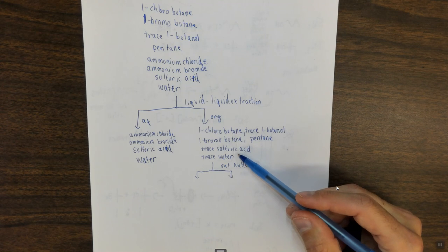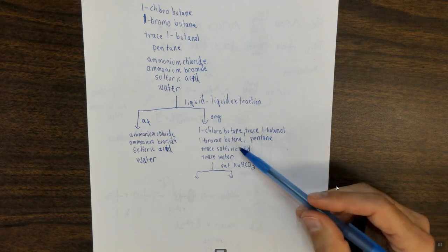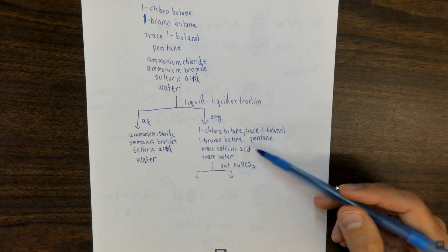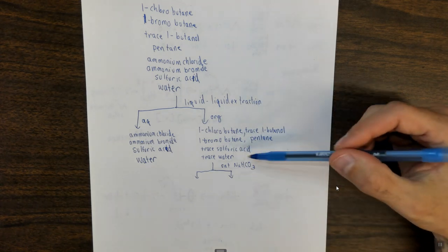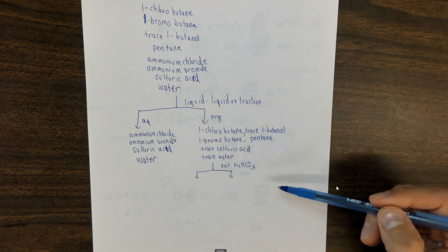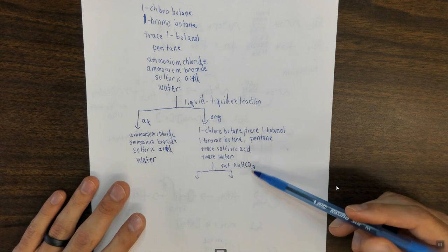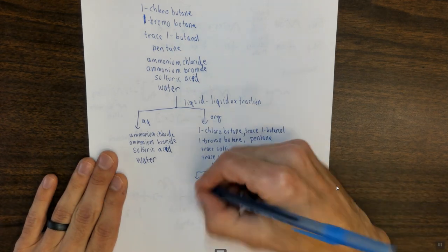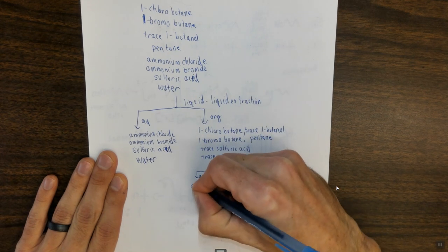Sodium sulfate is ionic and completely insoluble in the organic layer. I'm going to link in the description below a video on liquid-liquid extraction that explains this in much greater detail if you're interested in it. This is something we put on lots of quizzes and exams, so it is a good idea to be familiar with this. Also, we do it like every week, so you're going to get more familiar with it by seeing it more as well. All right. So we're going to end up with the aqueous layer, which is sodium sulfate.